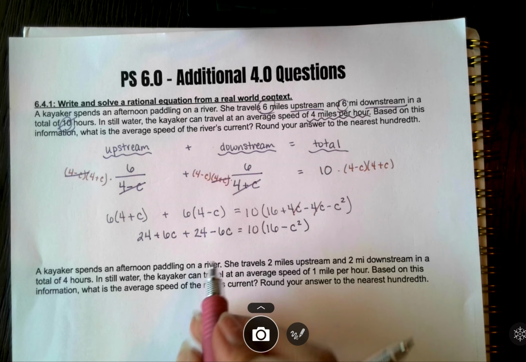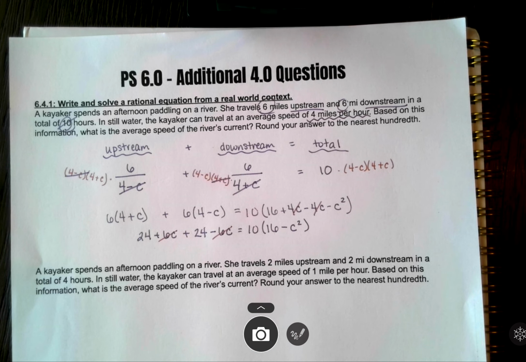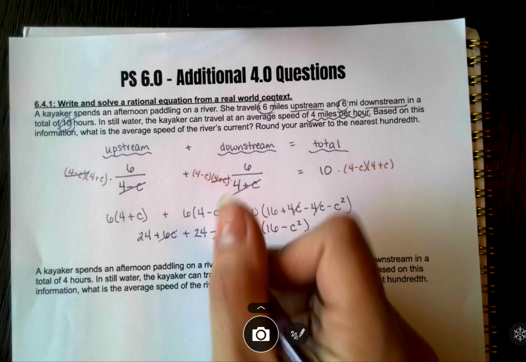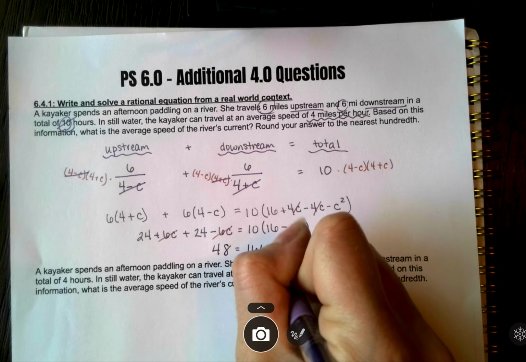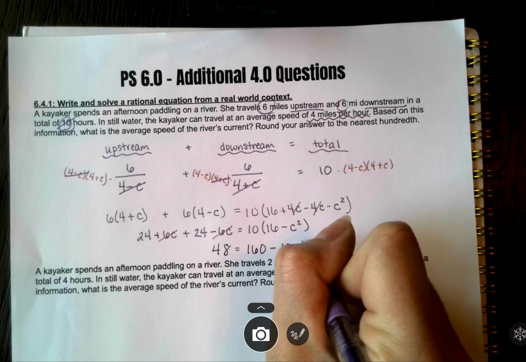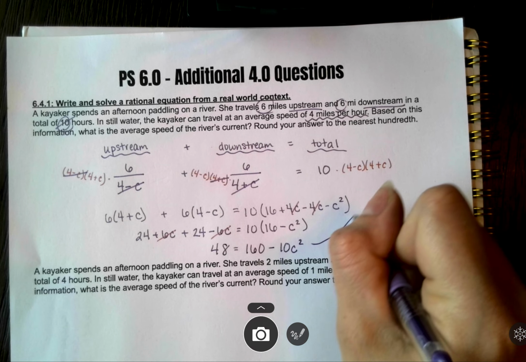On the left-hand side, I have a positive 6c and a negative 6c, so those would cancel out and be 0. I can combine those to give me 48, and then I'm going to distribute in that 10. So I have something that looks like that. I ran out of room.